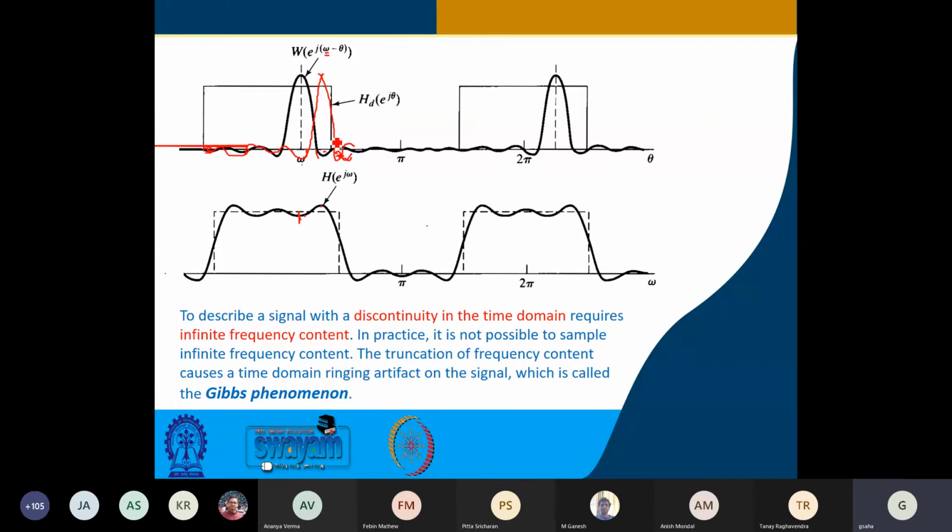So effectively the value of H(e^jω), because of the central lobe and all, will be more than what it was over here. And when this negative going lobe is partially within the rectangular region, we have in-between values. Those are the in-between values that you see.